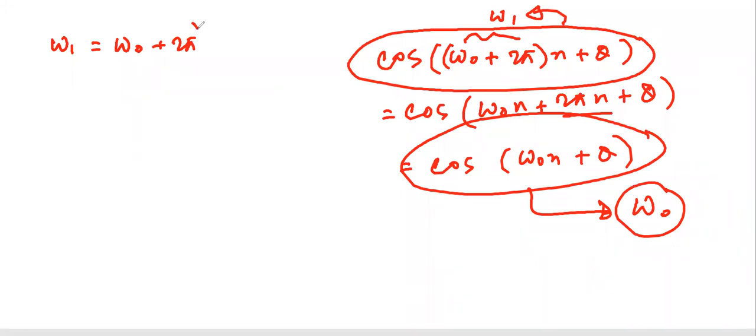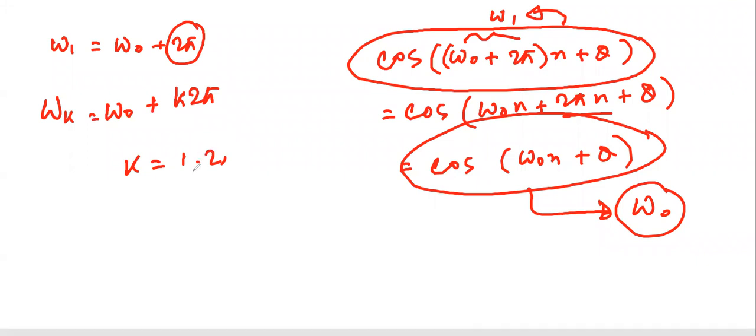The difference is twice pi, or it can be a multiple of twice pi, so you can write k times twice pi. Any frequency omega 0 plus k twice pi is identical, where k is 1, 2, 3, and any integer value like this. So this is by the definition, and this is by the mathematics.